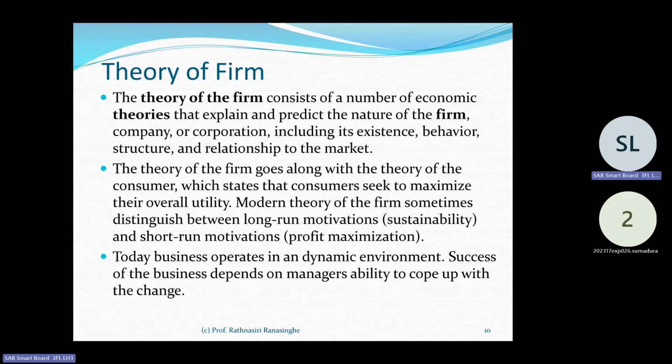Those are some theoretical things: cost theory, revenue theory, profit theory. Likewise, we talk about the firm's behavior under the theory of the firm. Even though we talk about the producer's behavior, we still go along with the consumer behavior, because firms have to decide the quantity of output to be produced, and that depends on the demand.